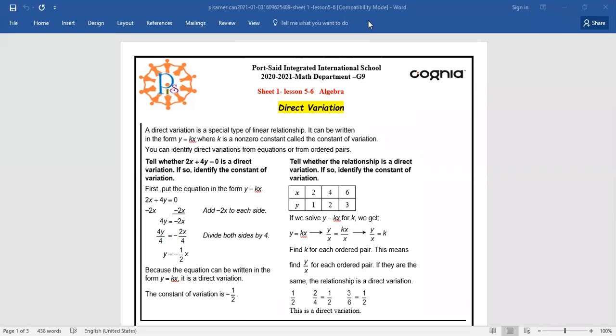To know, we have to follow the formula. It should be written in the form y equals kx.